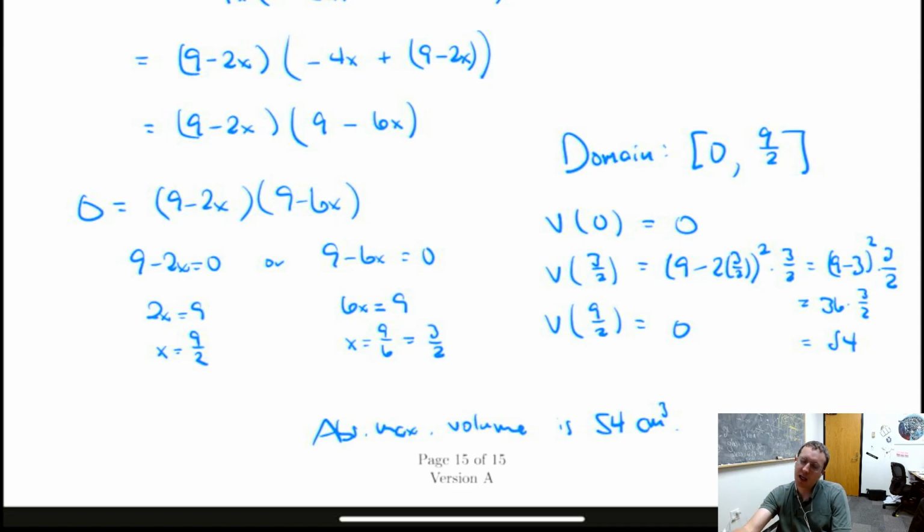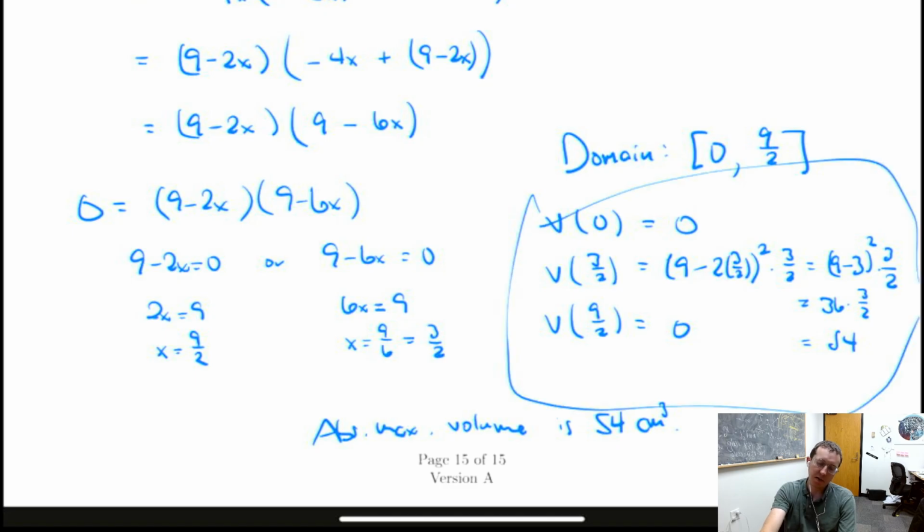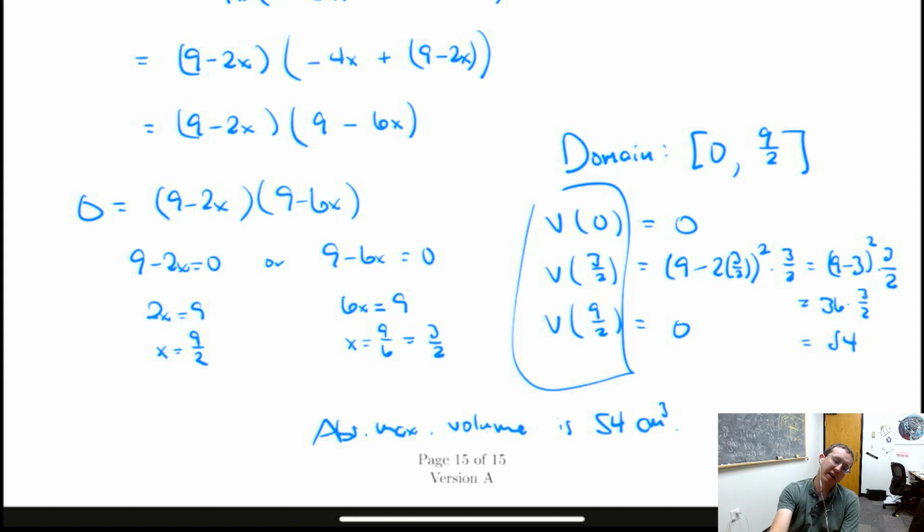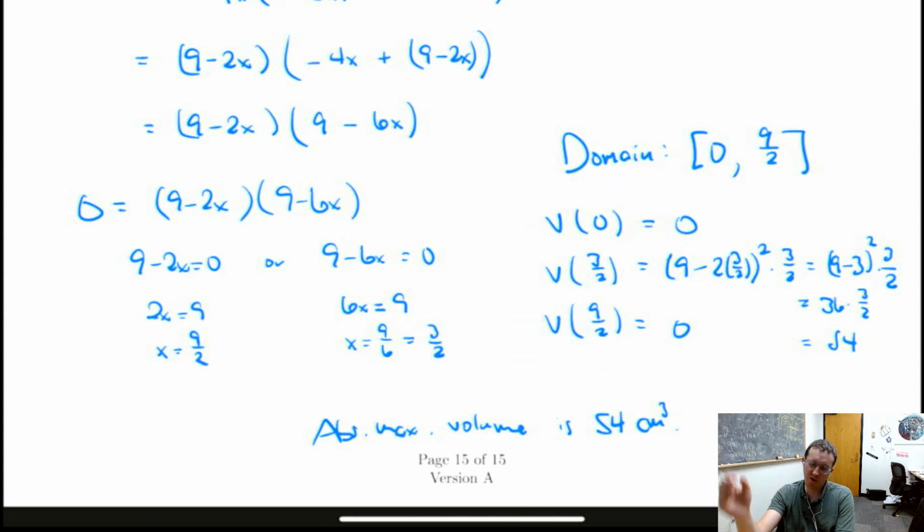But for this kind of problem, showing me very clearly that you are evaluating the function at all of the critical numbers and endpoints, that to me, you have demonstrated understanding that that is how you determine the maximum value on a closed interval. So I don't need you to say that on a problem like this.